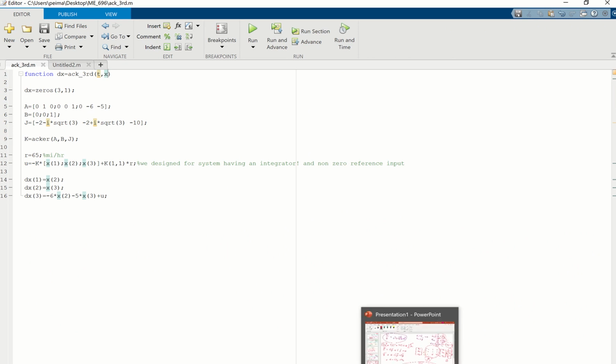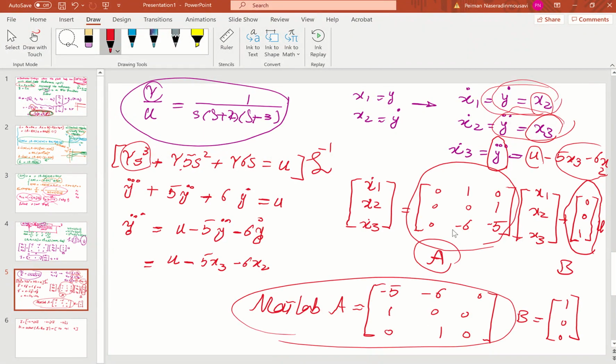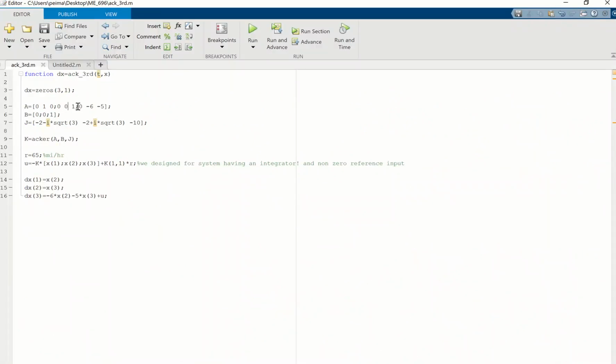First of all, you saw that by converting the transfer function to state space with Matlab, our A was this. Look at here, guys. It was different from our hand-derived one: 0, 1, 0, 0, 1, and 0, minus 5, minus 6, and 0. I want to see what's the difference between those answers.